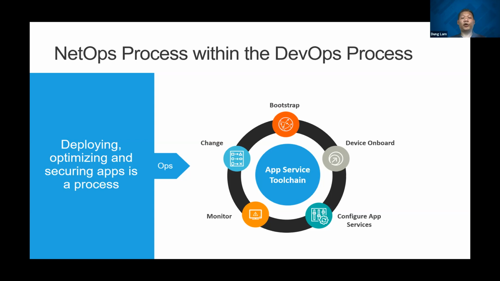And then at some point, there has to be a change made, right? Could be upgrading the software in the box, or changes in the application that require changes on the appliance, or maybe doing an RMA of the box, right? At which point you have to start way back at the bootstrap stage and go through the whole cycle again.